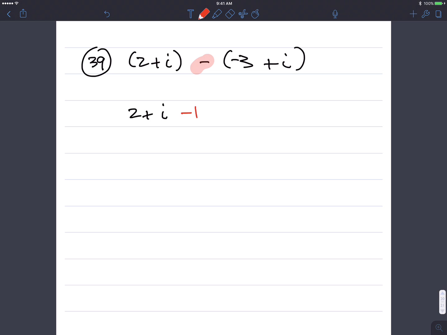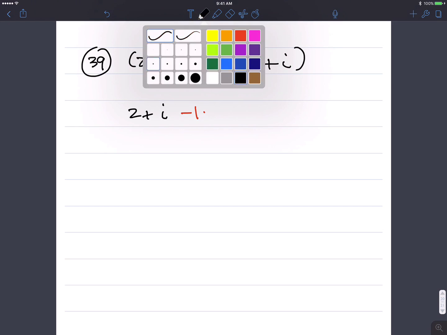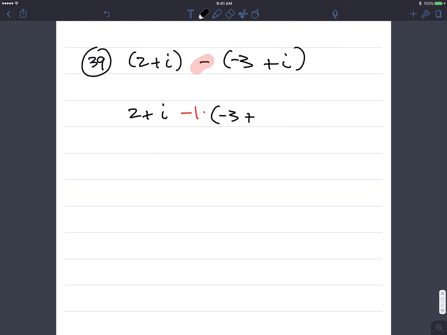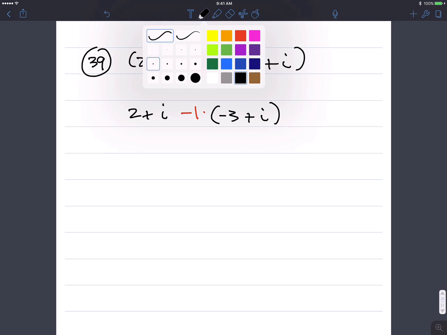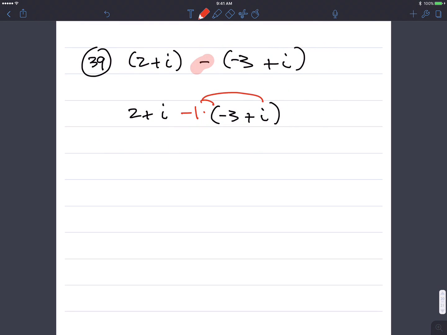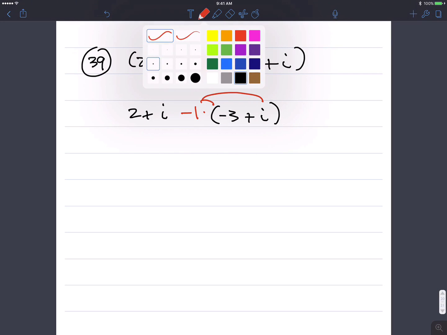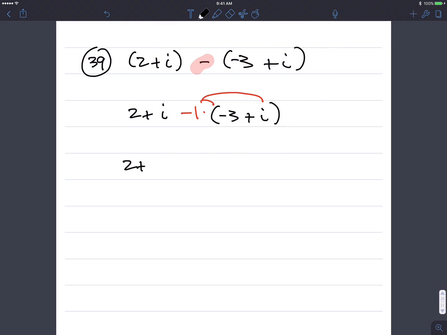And this is a -1 now times your -3 plus I. So you're going to have to distribute the -1 here to both terms. You have your 2 plus I minus some minus, or -1 times -3 is +3. -1 times your positive I is -I.